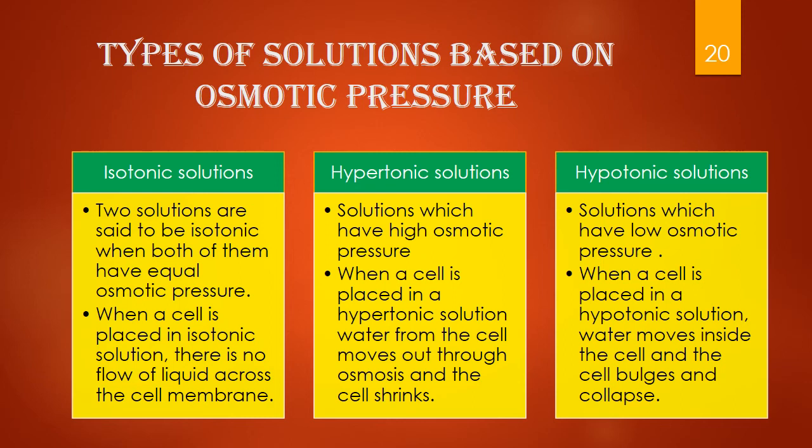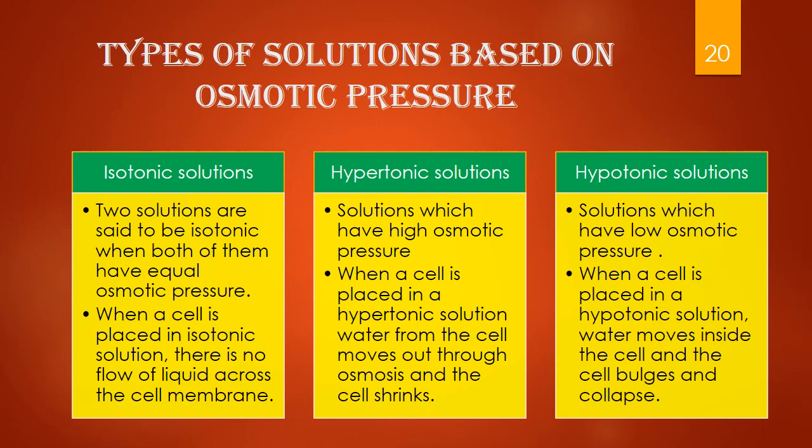Whereas if you place a cell inside a hypertonic solution, the water from inside the cell will move out, resulting in the shrinkage of the cell. So what do you understand by hypertonic solutions? These are solutions which have high osmotic pressure.